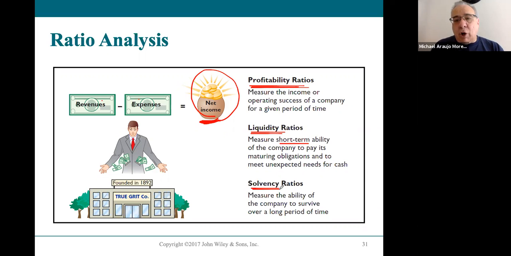So this is a long-term process. Many of these loans last for some time, maybe 5, 10, 20 years. So how the company manages that will help it survive. So we look at something called a solvency ratio. The biggest one is the amount of debt that it has compared to its assets, to see how it's doing.